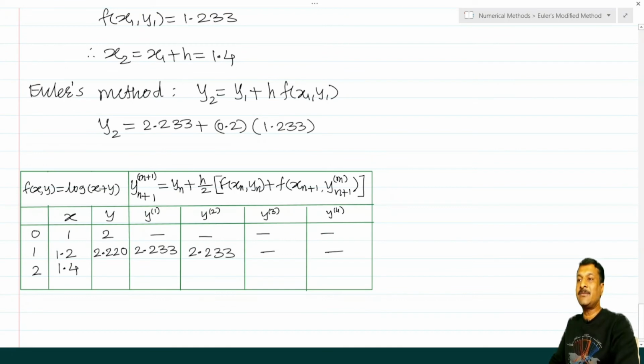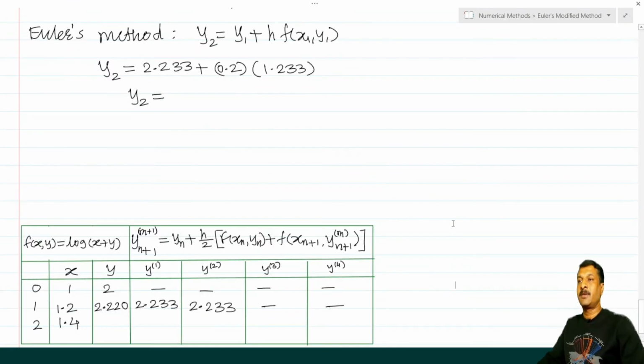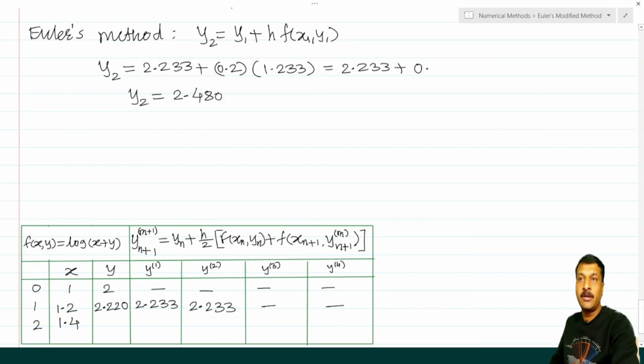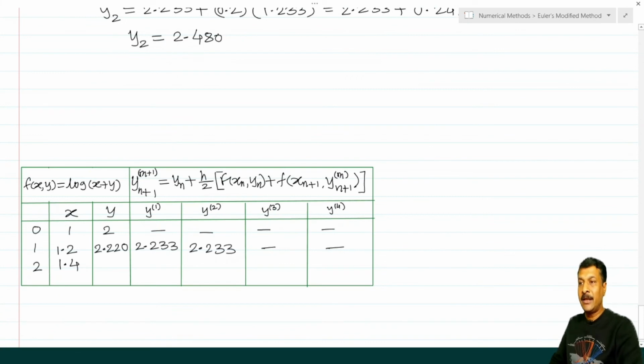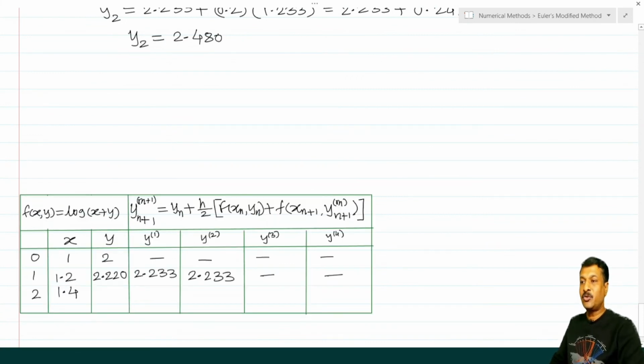So find this value of y2. So I am getting here 2.480. You can consider the stepwise also. It is 0.247 plus 2.233, that is nothing but 2.480. But in exam you can write directly. So this is y2 value. So I will put in table, 2.480. Now I want to improve this value.